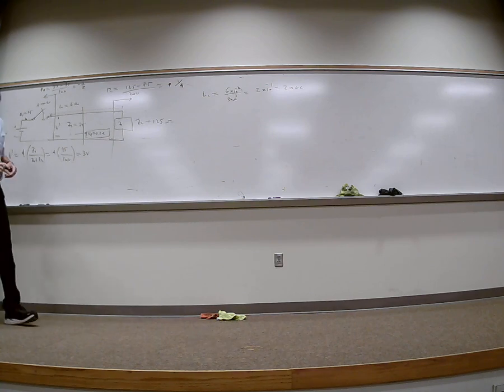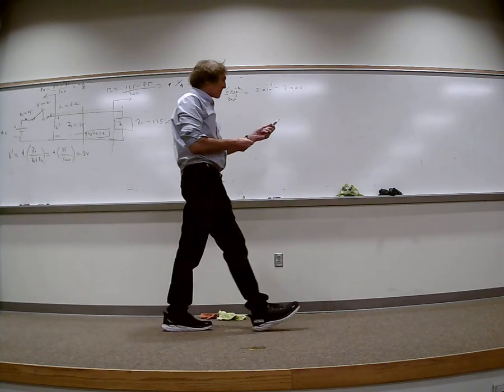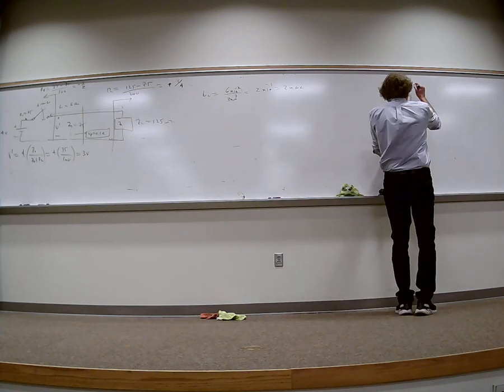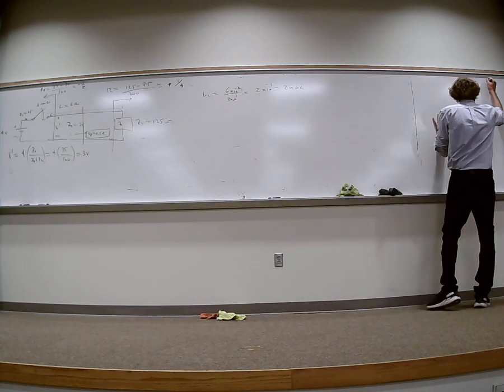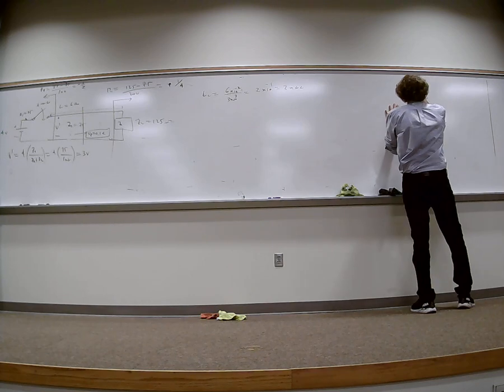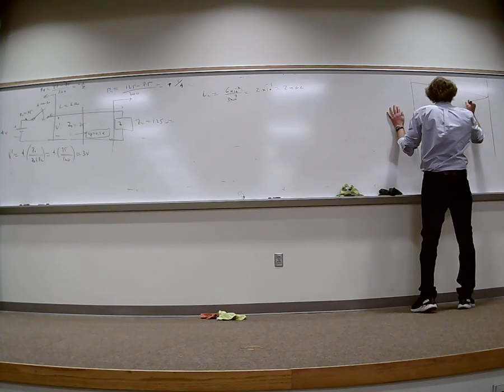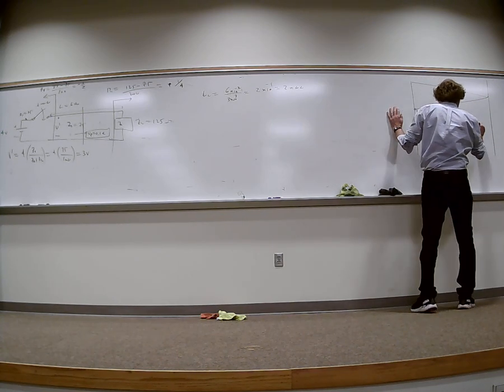Now I'm going to go ahead and draw the bounce diagram over here. These always have the same shape. Values will change on here, but the same shape.